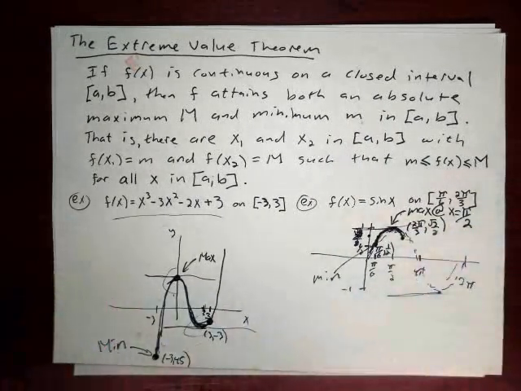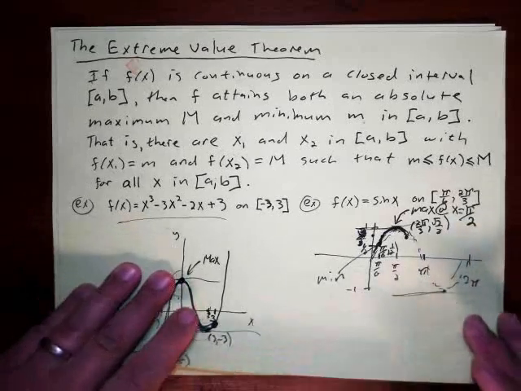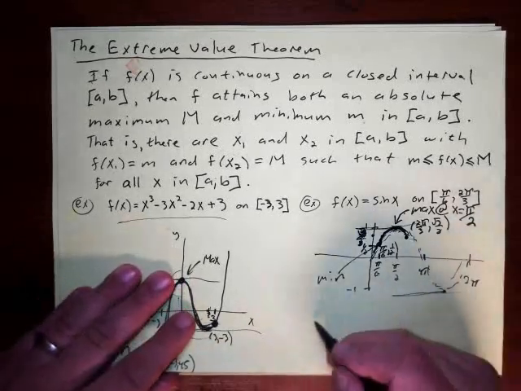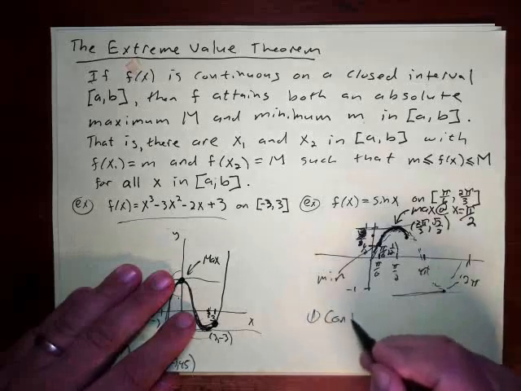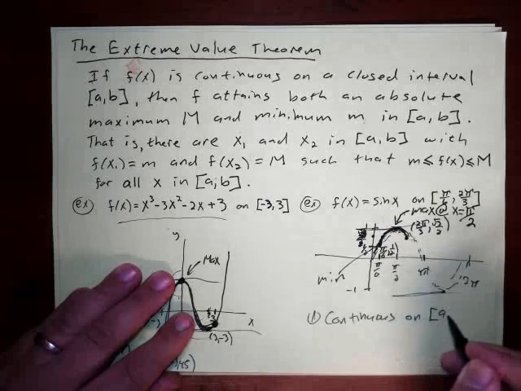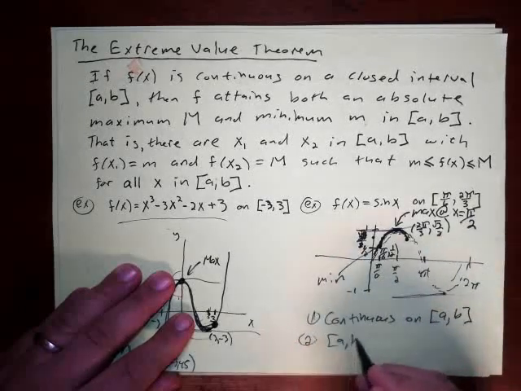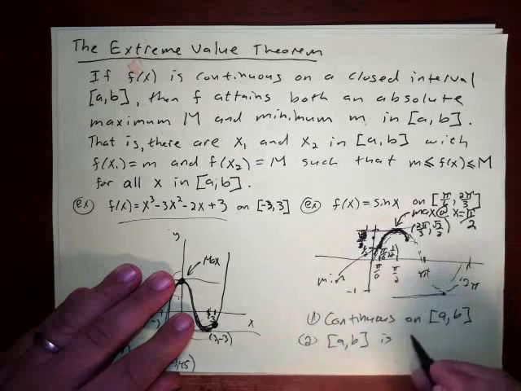Okay, but it is important that you have those conditions met. Okay, and those conditions are, it needs to be continuous on AB, right? And AB is a closed interval.